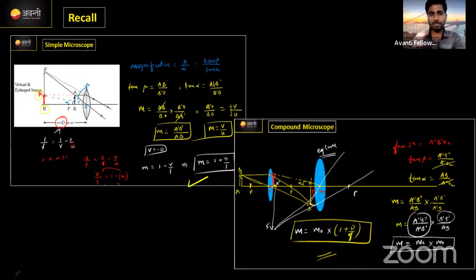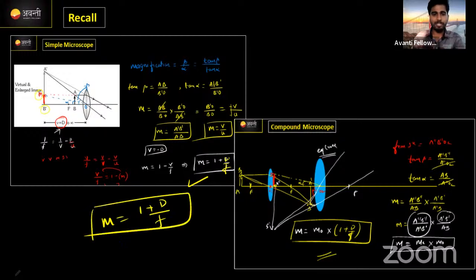M is equal to capital D upon F. Correct now? M is equal to 1 plus D divided by F. I told you this is an eyepiece. That's why we can write this as the magnification for the eye lens also. No problem. Clear? In a similar way, we find out the compound microscope also.